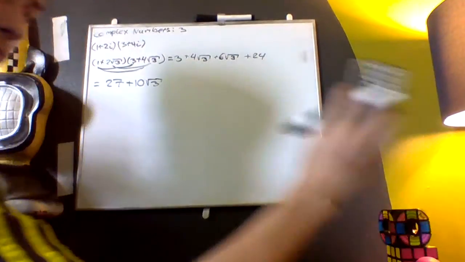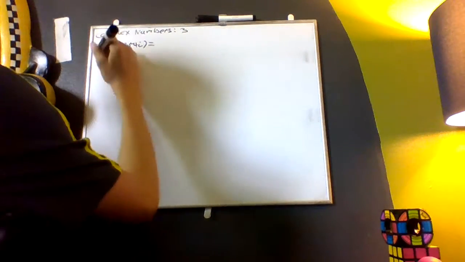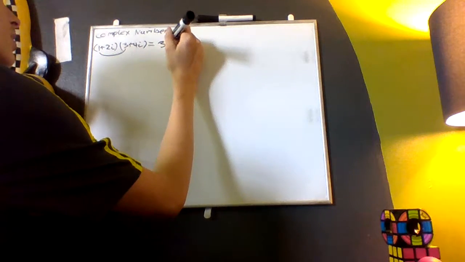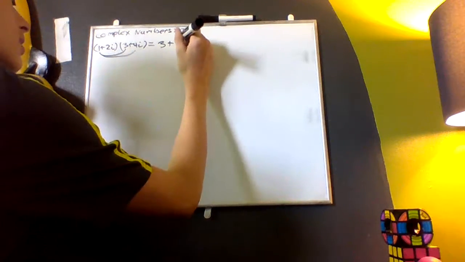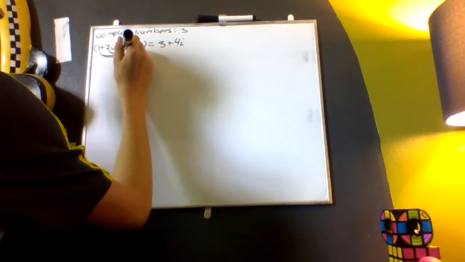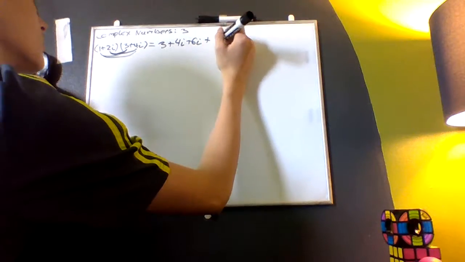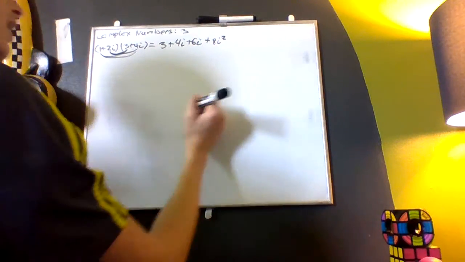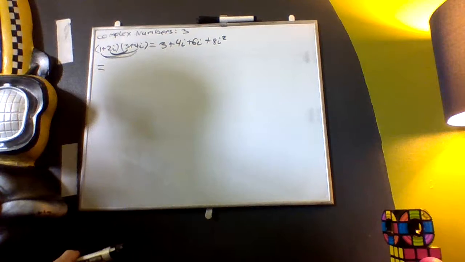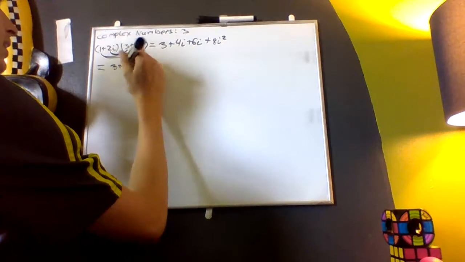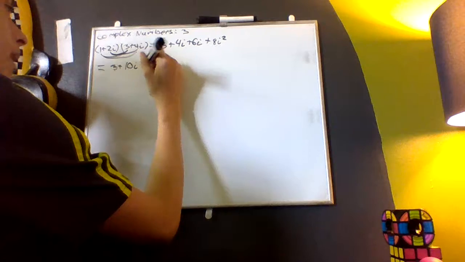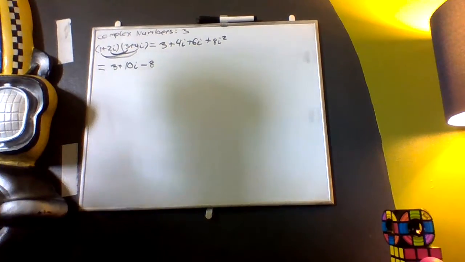It's the same idea with this. It's going to be 1 times 3, 3, plus 1 times 4i, 4i. 2 times i times 3 is 6i. 2i times 4i is going to be 8i squared, which is then going to be 3 plus 10i minus 8, right?